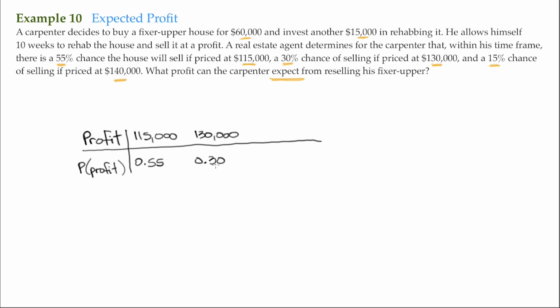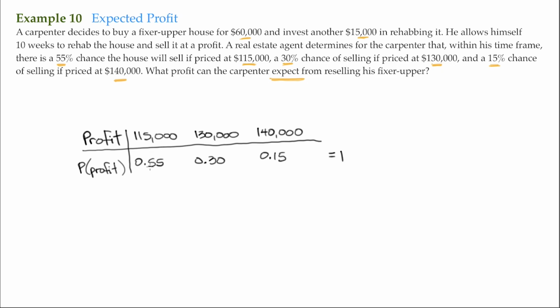And of course, a 15% chance of selling it at $140,000. So you can see how the probability of him selling it within those time frames goes down as the price goes up. 55% plus 30% plus 15%, that's our 100%. Don't forget your probabilities have got to tally up to 1.